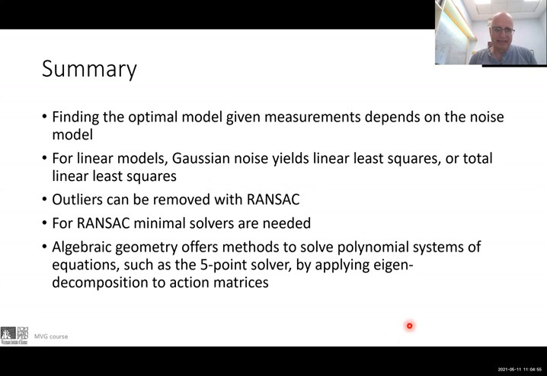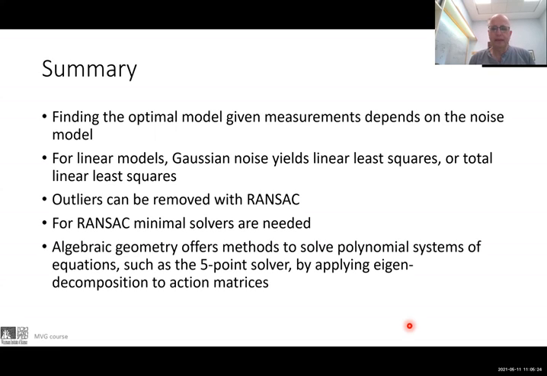To summarize, finding an optimal model given measurements was really the subject of this class. It depends on the noise model. We showed what we do with Gaussian noise, which yields either linear least squares or total linear least squares for linear problems.